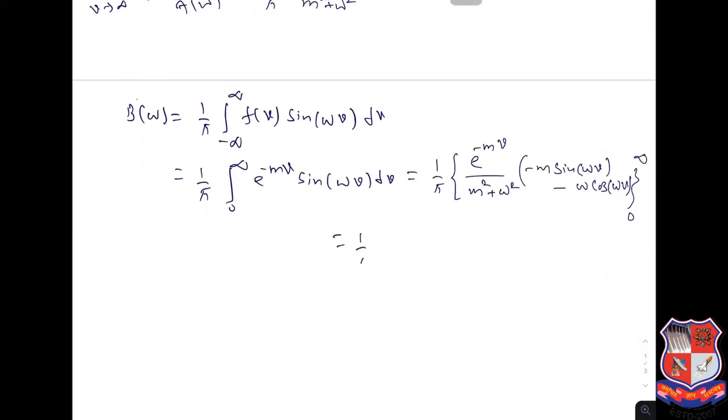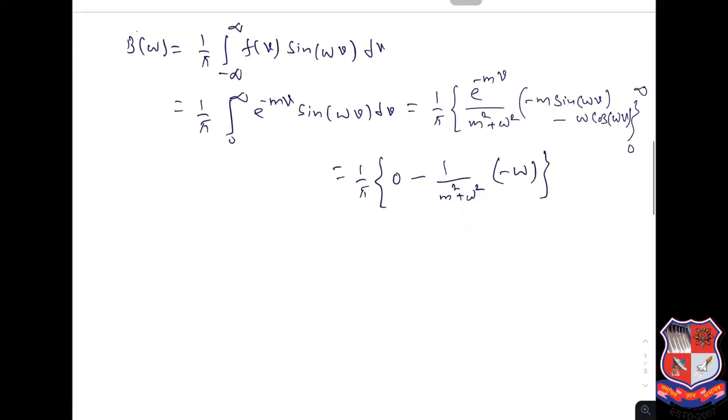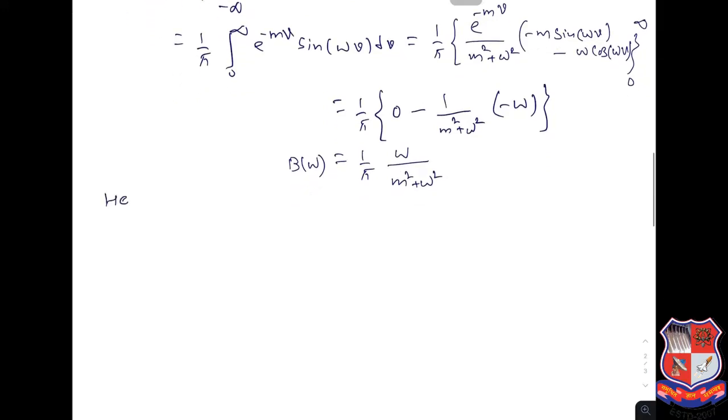Same way here also, when we take infinity the upper limit is 0, then at v equal to 0, sine 0 is 0 and cos 0 is 1, so this is minus ω. So b(ω) is 1 over π times ω over m square plus ω square.